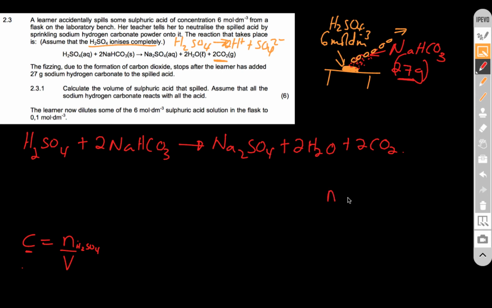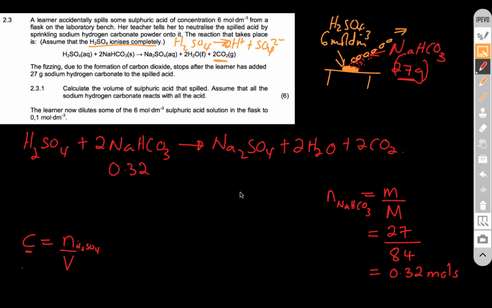So the number of moles of sodium hydrogen carbonate will be equal to the mass over the molar mass. The mass is 27, and the molar mass of sodium hydrogen carbonate, if you calculate it, is 84 grams per mole, so you find the number of moles as 0.32 moles. Now you want to find the number of moles of sulfuric acid that reacted with 0.32, so it's going to be x here.